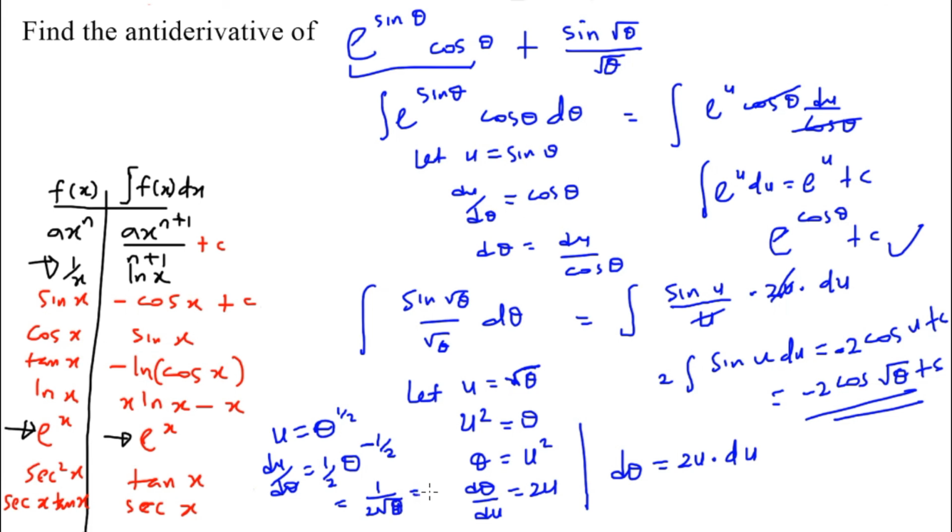And don't forget that root theta is the same thing as u, that's 1 over root theta is the same thing as 1 over u. So you have just gotten du/d theta to be equal to 1 over 2u. And of course, if you make d theta the subject of the formula, by first of all reciprocating, d theta/du will be equal to 2u, so that d theta is equal to 2u du.